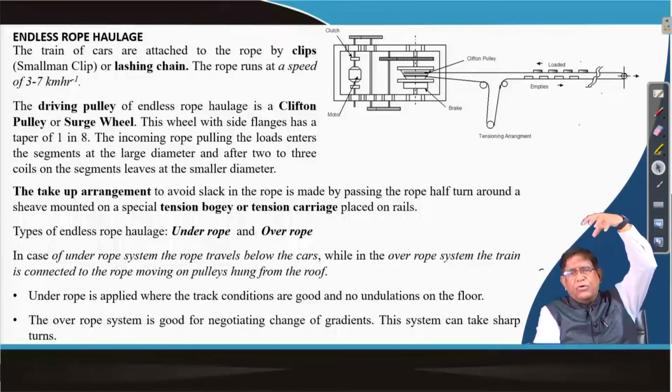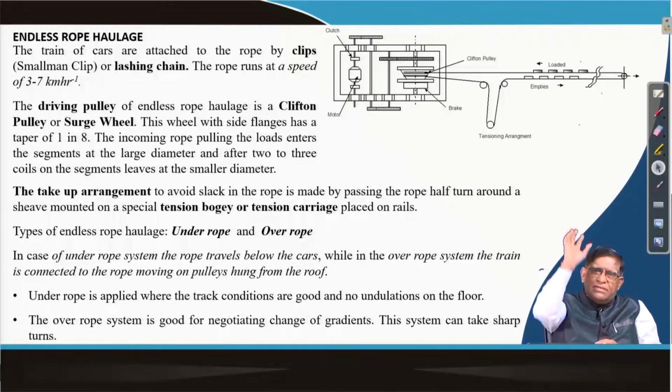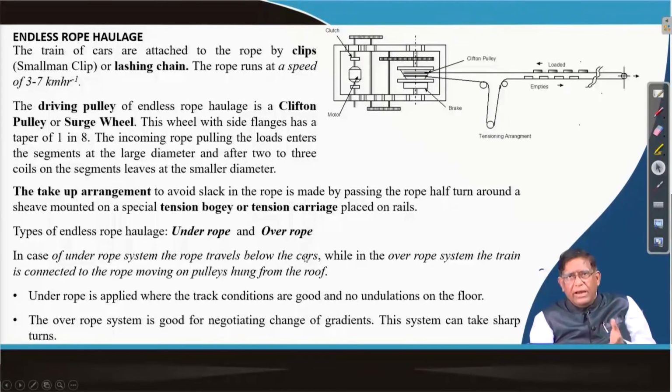When it is on the roof, the advantage is that on the floor there will always be seepage water, so the rope will not be affected by it. But there are advantages and disadvantages, because the walking places need to be properly provided, and your roof must be very competent, then only you can do it.